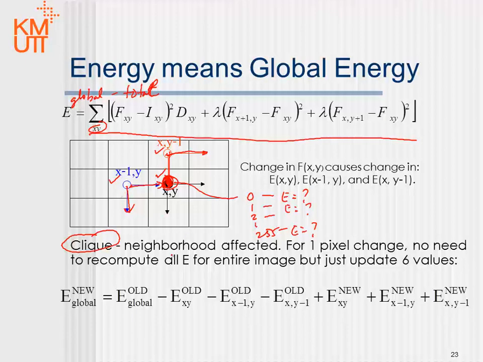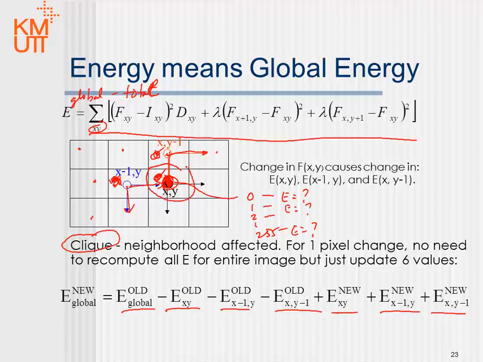So what we could do is we could take the global energy, subtract off the old values. That means we have to remember the Eij, E for each of them, and we sum them to get the total. We subtract that out and then we add the new ones in. So to get the change, we don't need to recompute the faraway points like this one, this one, this one. These pixels we don't need to recompute, we only need to recompute this pixel and this pixel, given that you're currently looking at xij.